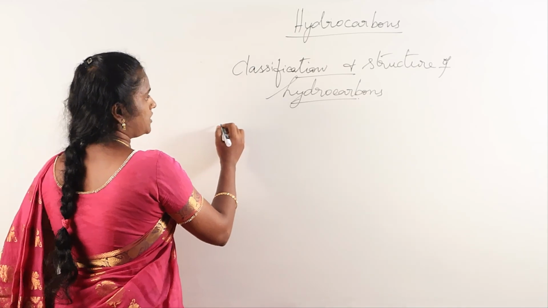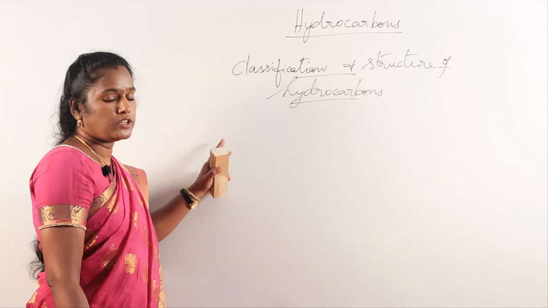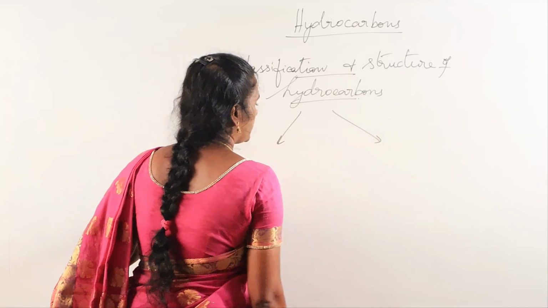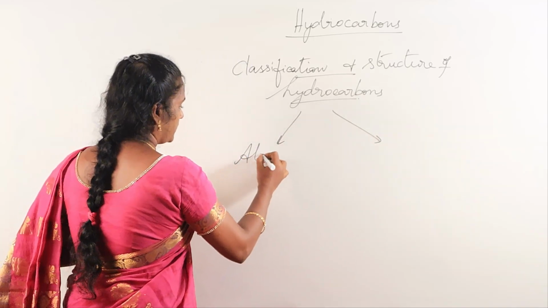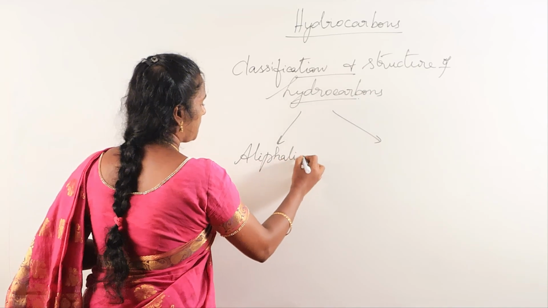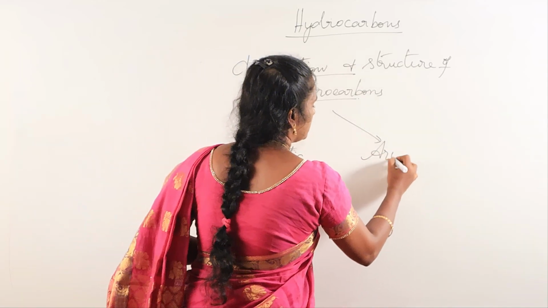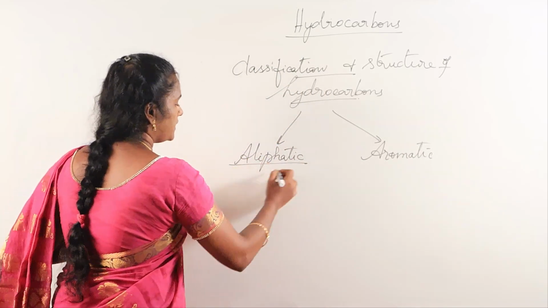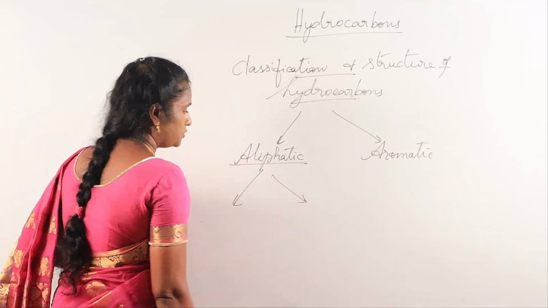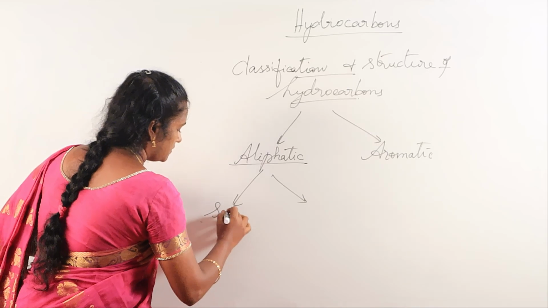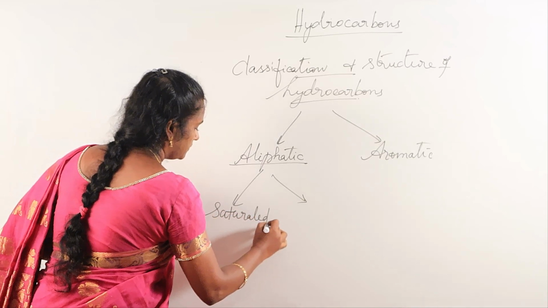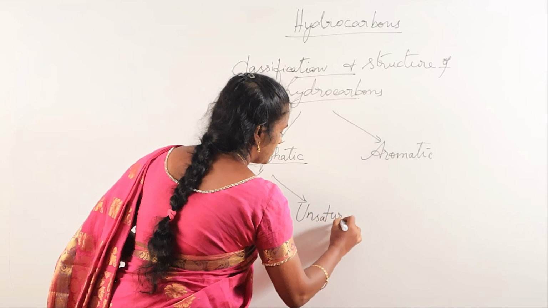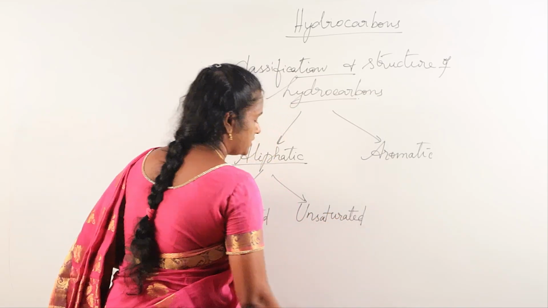First we will see the classification of hydrocarbons. So hydrocarbons are classified into two types. What are they? One is aliphatic hydrocarbons. Another one is aromatic hydrocarbons. These aliphatic hydrocarbons are further classified into two: one is saturated aliphatic hydrocarbons, another one is unsaturated aliphatic hydrocarbons.